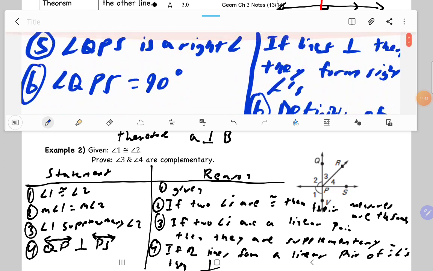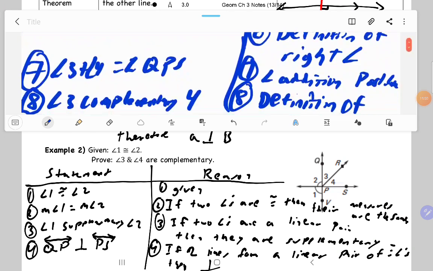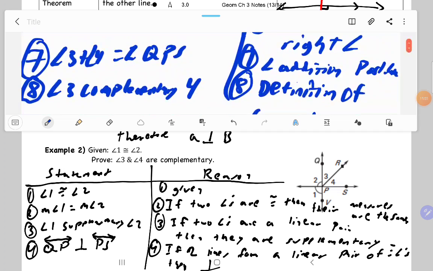So that's what we did in 5 and 6. QPS is a right angle because of perpendicular lines. And because it's a right angle, it's 90 degrees. So now that we have established that QPS is 90 degrees, we can say that angle 3 and angle 4 are complementary. It's a long process, but it logically flows.